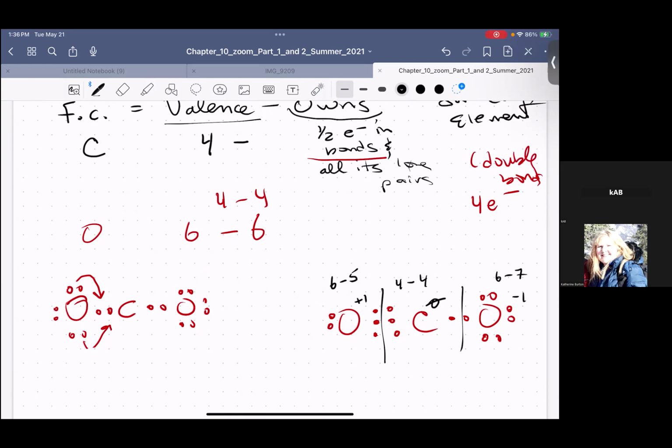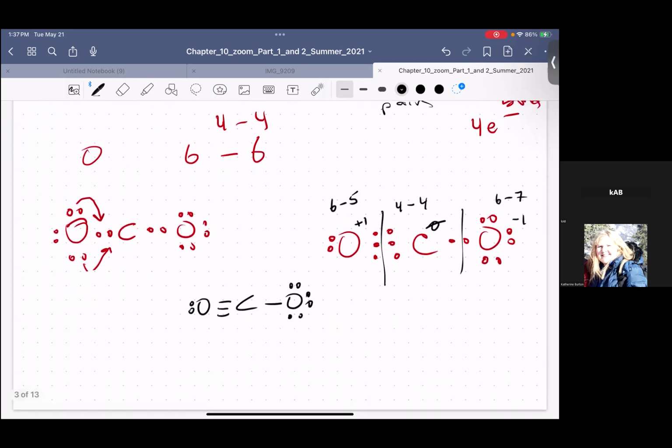So this triple bonded structure for carbon dioxide does not exist. Okay, it's a bad distribution of electrons, even though we can draw it and it follows the octet rule. We're not going to use that one. We're not going to use this one because the electron distribution does not give us a stable structure, so it doesn't exist.